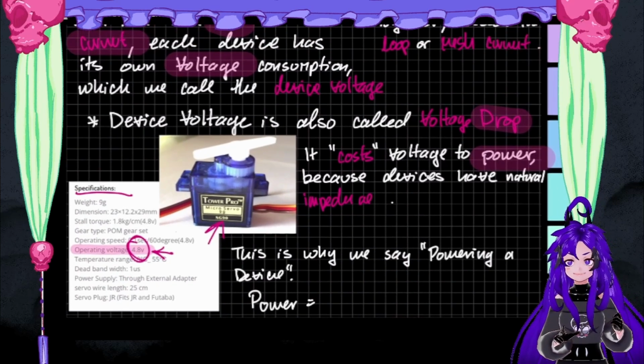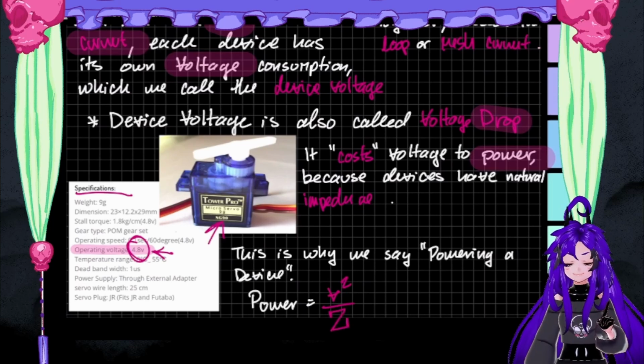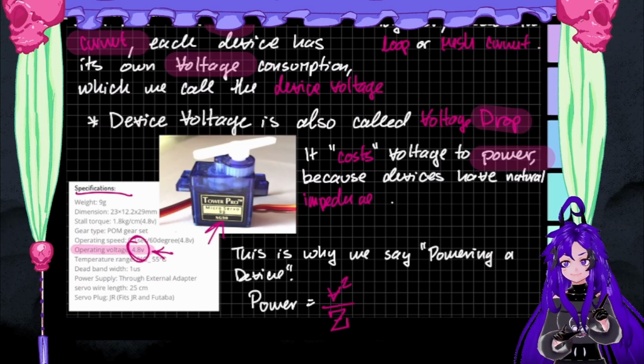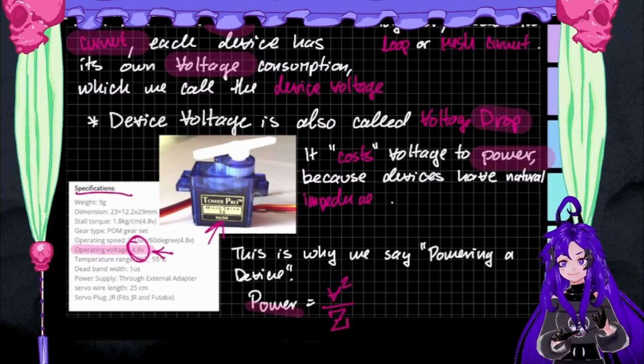This is kind of why we say powering a device, because the equation for power is actually voltage squared over the impedance. So literally the power that this servo would take to run is 4.8 squared over whatever impedance it causes.